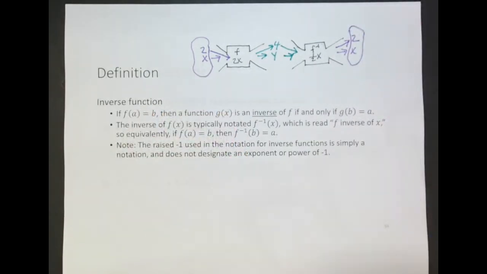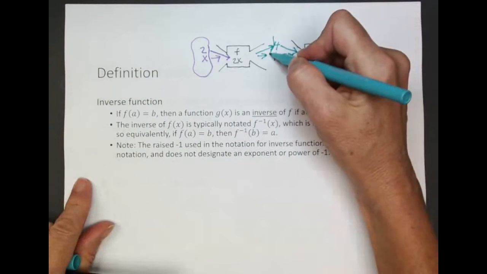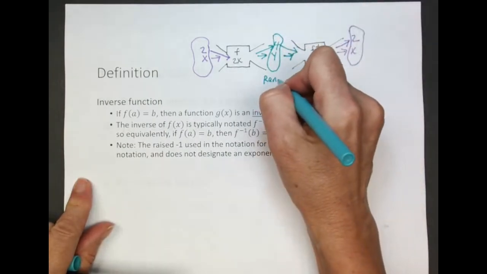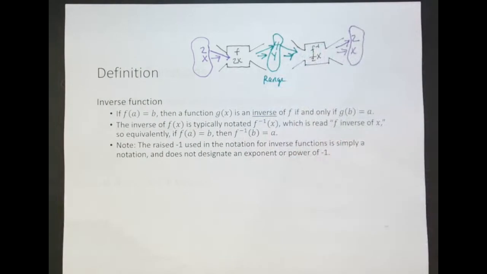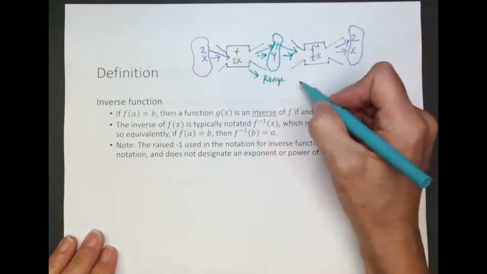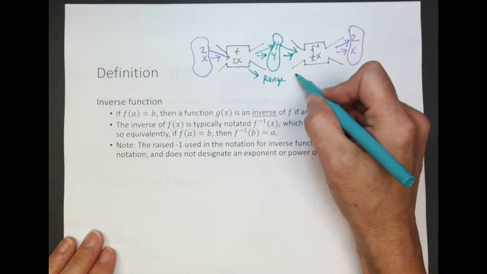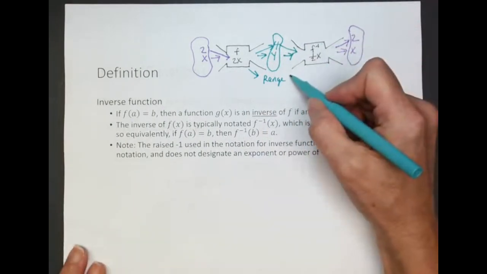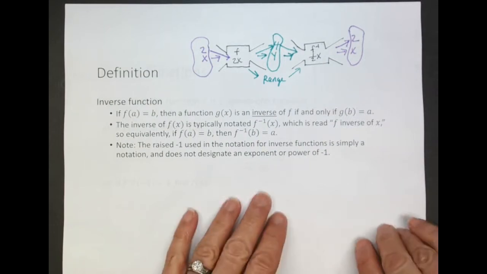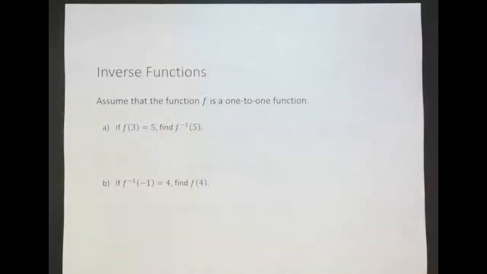And the range of a function, all its possible outputs, is going to be the domain of the inverse. So they swap their domain and range. All right, let's look at some examples.